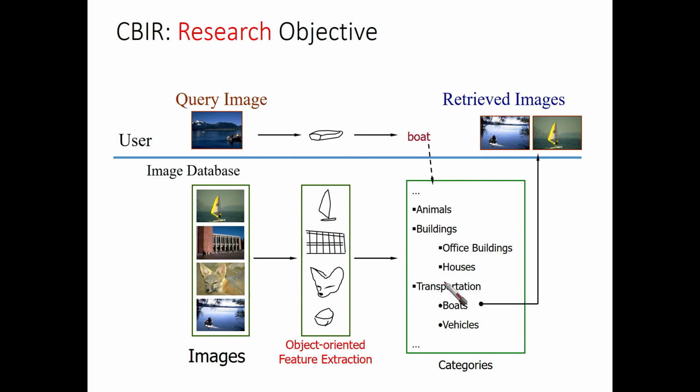So we make a very extensive list of categories and subcategories. Now when these objects come, we can determine, okay, this is a boat, which ultimately belongs to the transportation categories, and then we find out which objects in transportation categories go in. So maybe in transportation categories we have sailing or boating, so these two are the retrieved images. So this is how we can understand it.